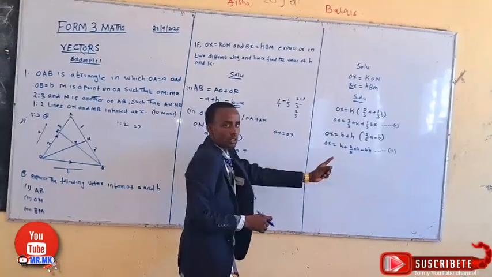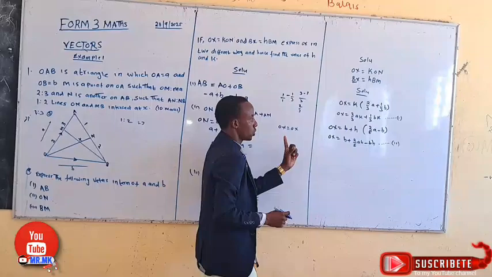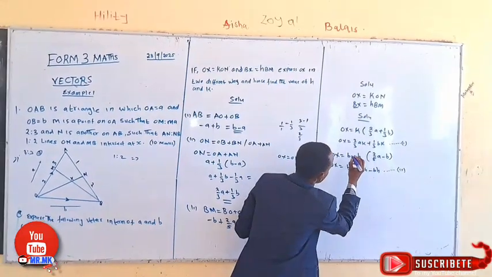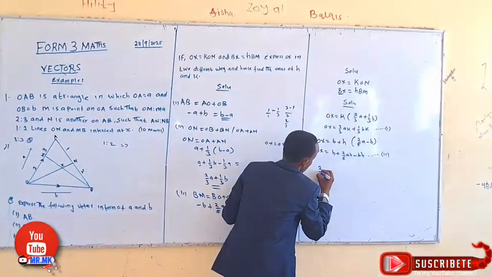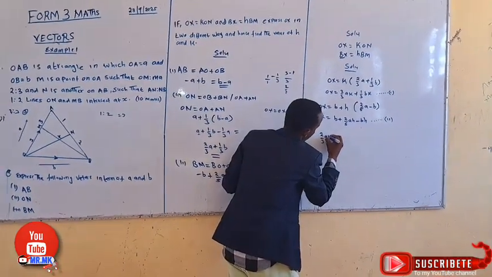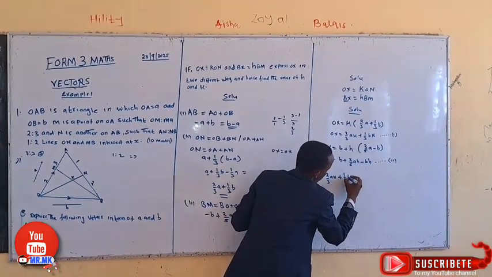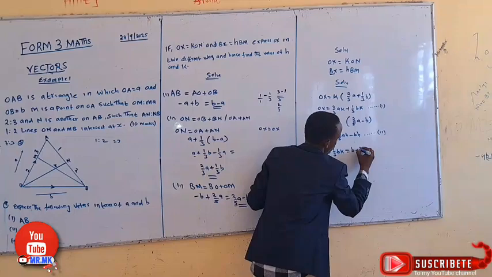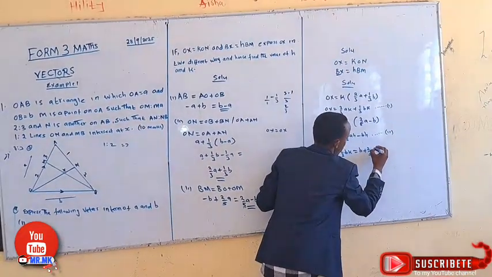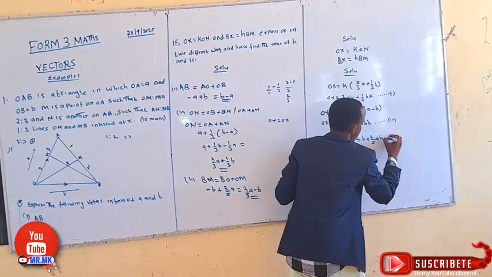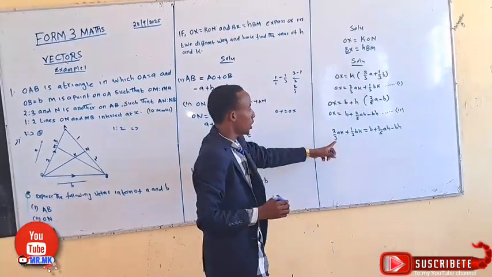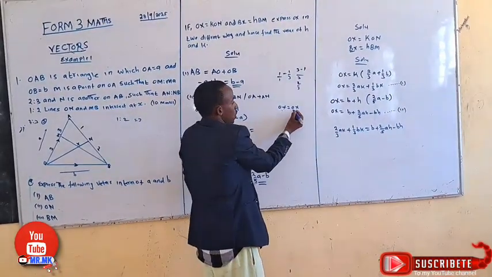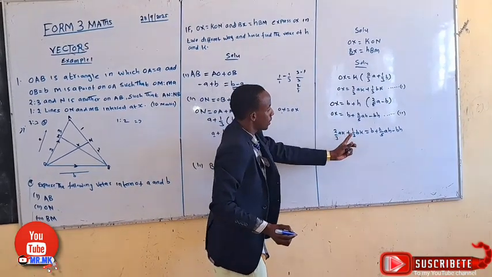I want to substitute these two equations to get the values of H and K. For equation 1, 2 over 3 AK plus a third BK is equal to B plus 2 over 5 AH minus BH. So from equation 1 is this and equation 2 is this, and since OX is equal to OX, you go and substitute like this.